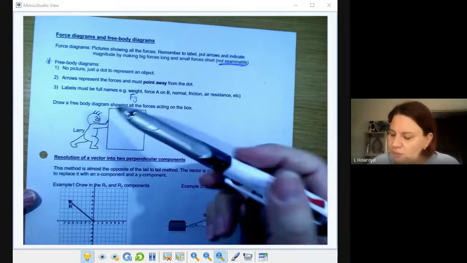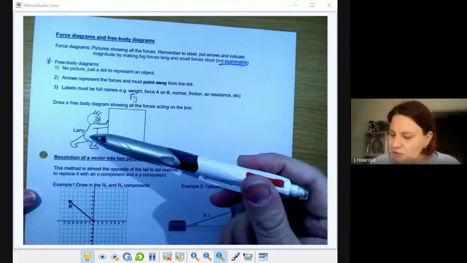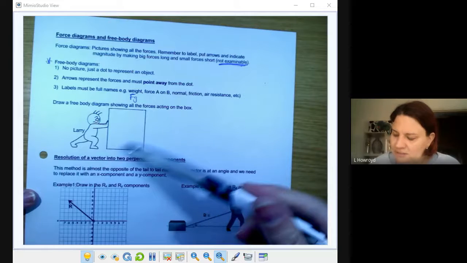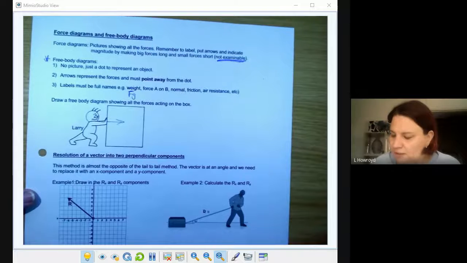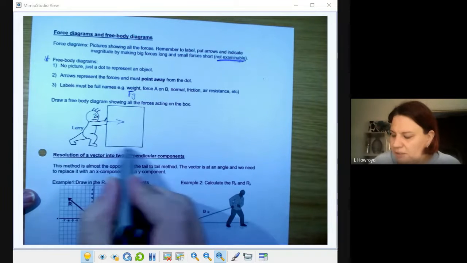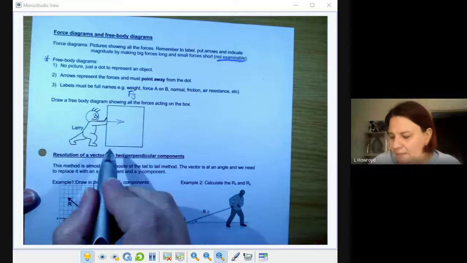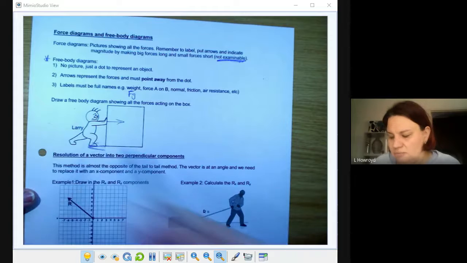All right, so here's Larry, and Larry is pushing on the box. If we look at Larry, we could see that he's pushing over there. This is just a rough drawing. We also probably realize that there's friction acting, and we know that friction always acts in the opposite direction.